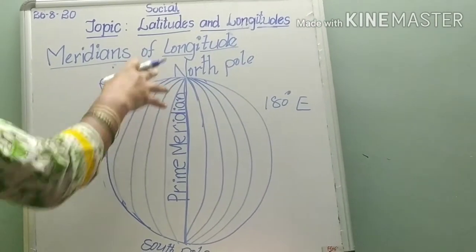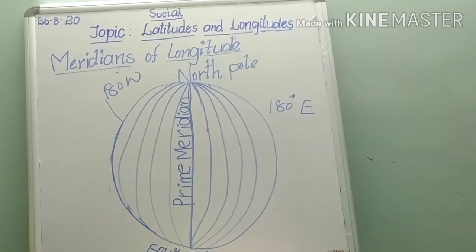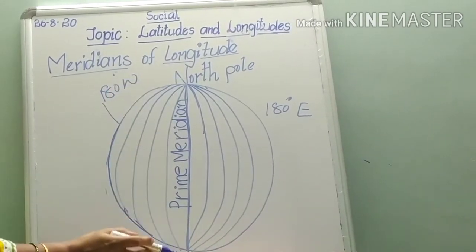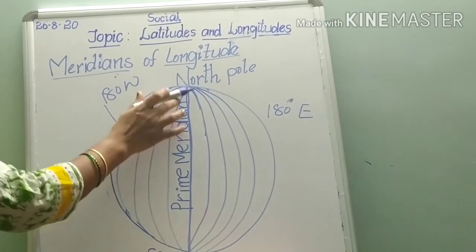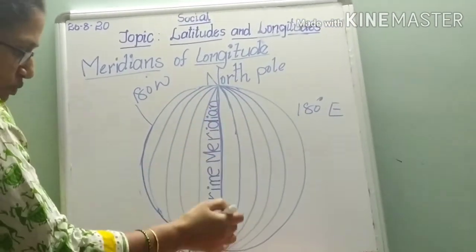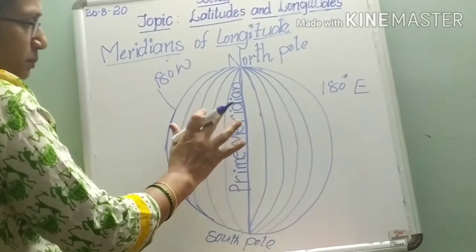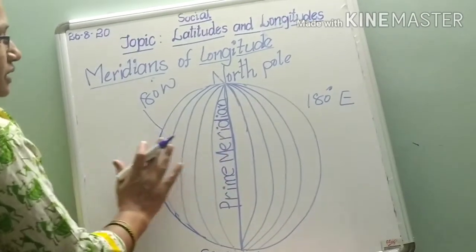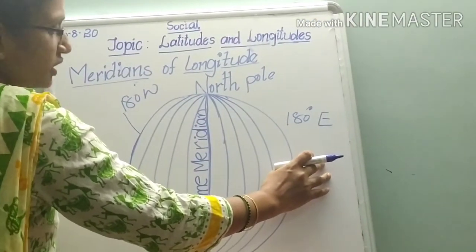It runs from North Pole to South Pole. From where to where, children? From North Pole to South Pole. All these are longitudes. The prime meridian divides the earth into two hemispheres, the western hemisphere and the eastern hemisphere.